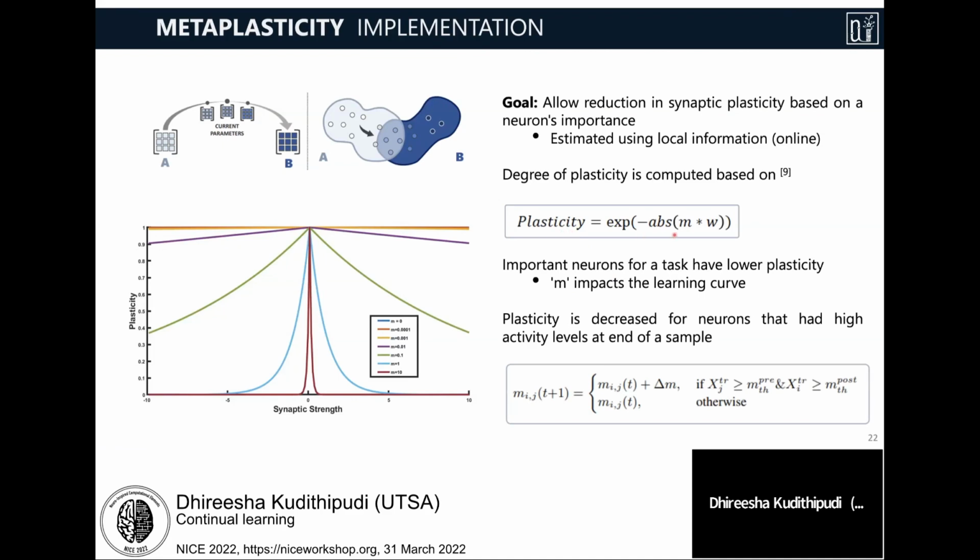What we are trying to do is decrease plasticity for neurons that had high activity levels at the end of a sample. And we use this M, which helps us identify the ideal metaplastic rate that impacts a specific model.